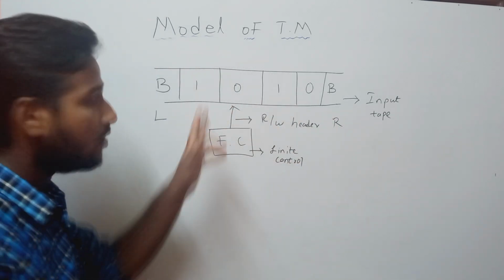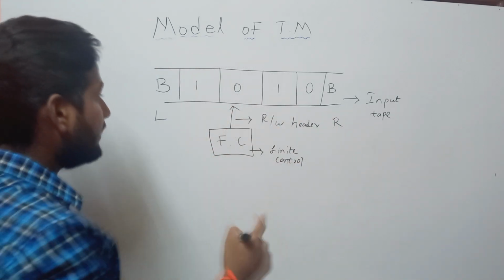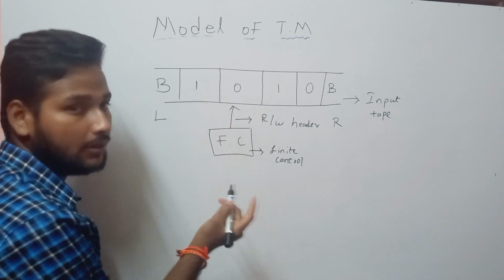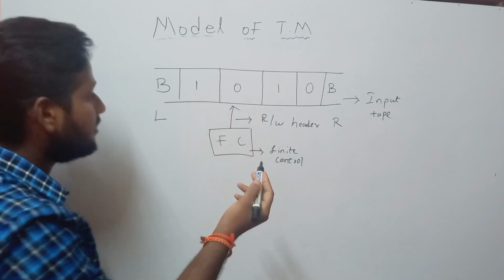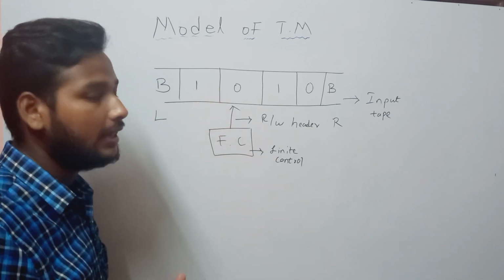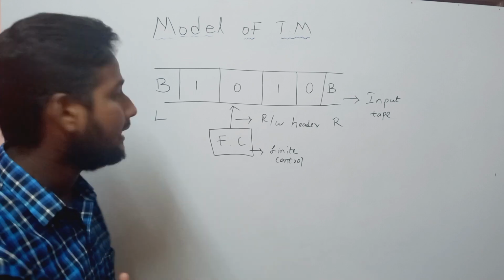The main functionality of this Turing machine is that it reads an input symbol and replaces this symbol with any character like X or Y. You can take any character.